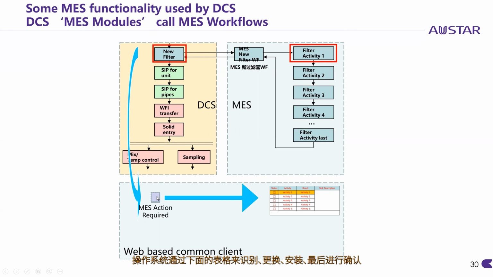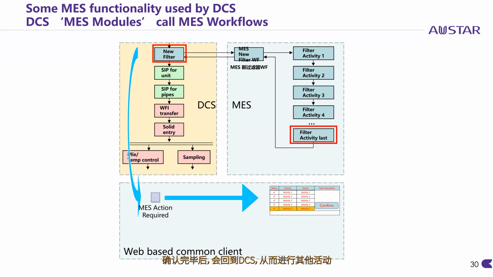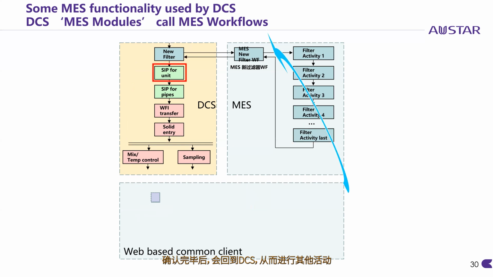And the operator will be able to go through a number of steps, operations that he has to do to identify the filter, to exchange it, to build it in. And finally, it will come to the last operation, like confirming that everything went okay. When he does this confirmation, we tell this function that we are done.